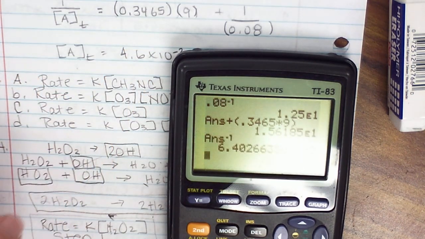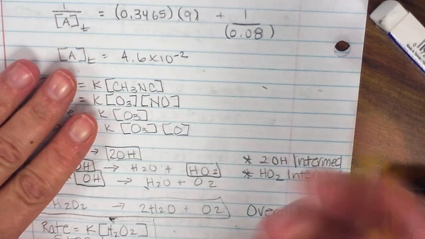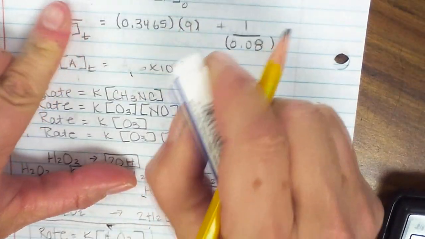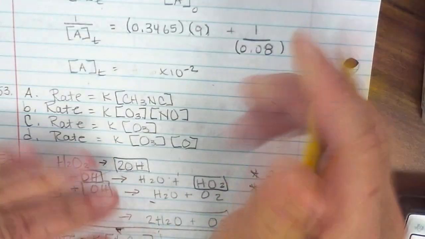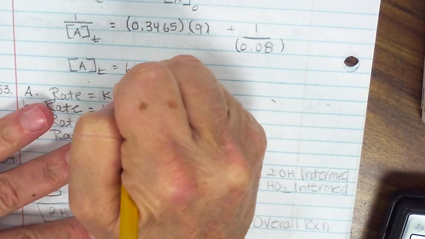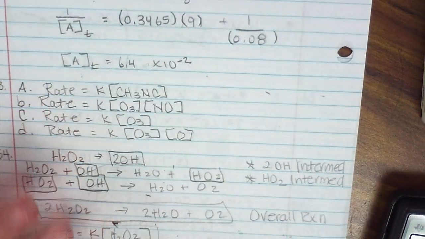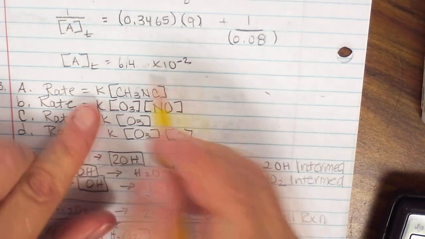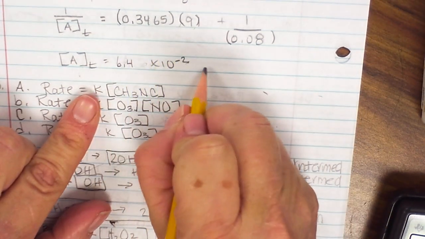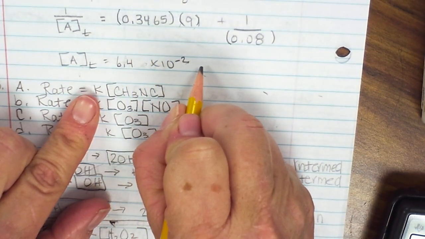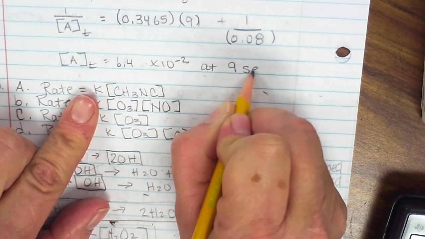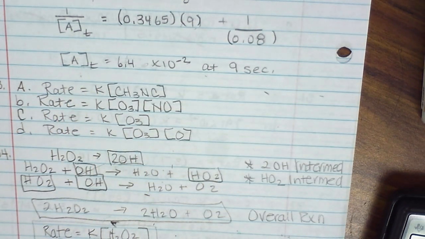So 6.4 times 10 to the minus 2. So that's the concentration at time t, at 9 seconds. Okay.